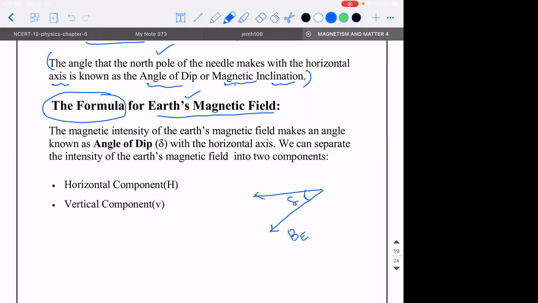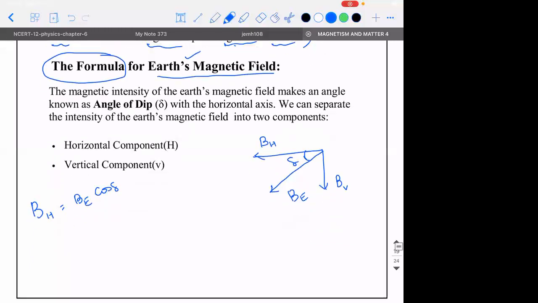This is the angle of dip. This will be the horizontal component and this will be the vertical component. So BH will be equal to how much? It will be BE cos delta, and BV will be equal to BE sin delta.